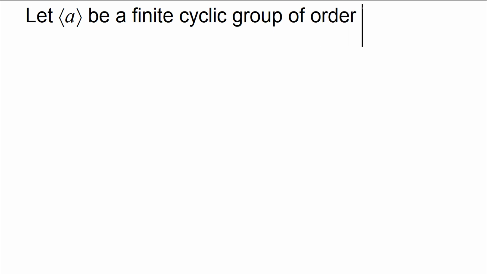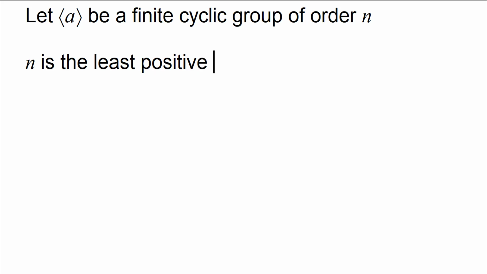In this case, n is the least positive integer such that a to the n equals the identity.